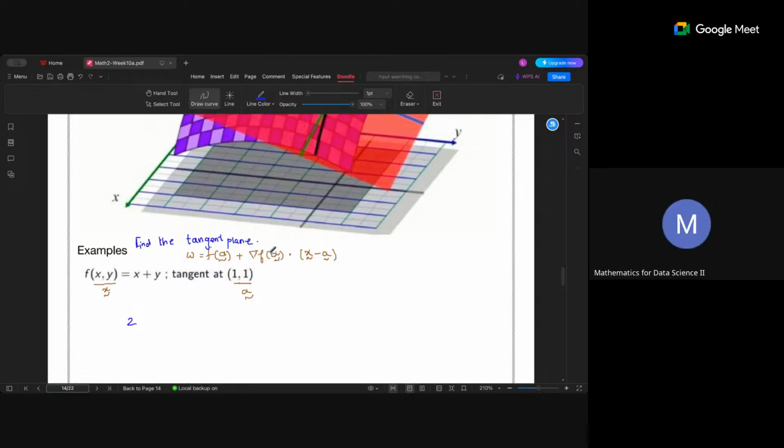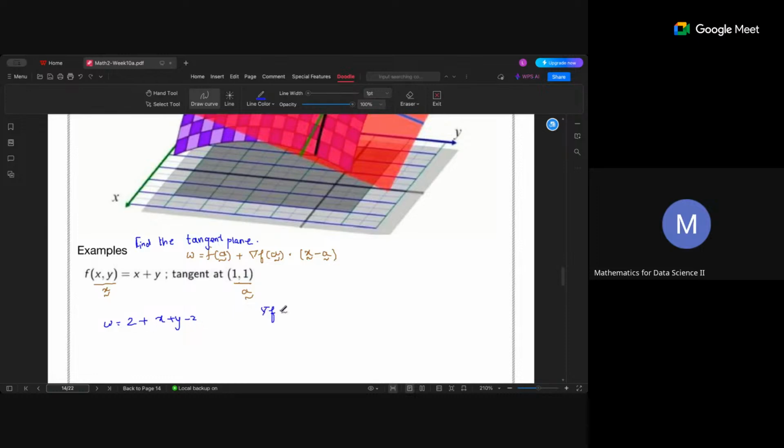You simply get x plus y minus 2. So this is w. How many of you got this answer?